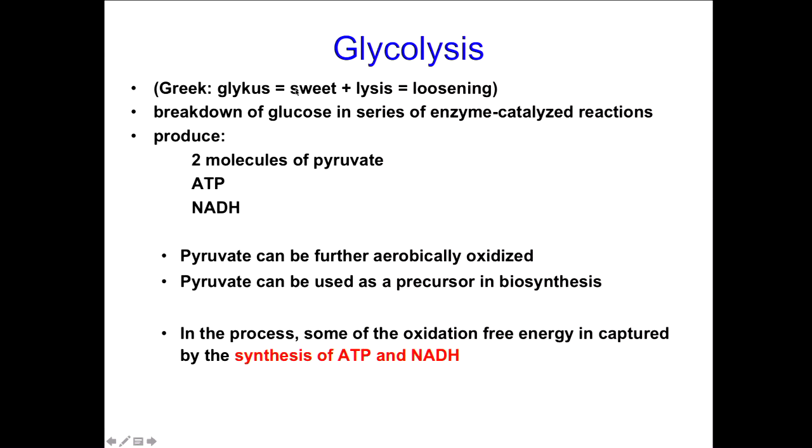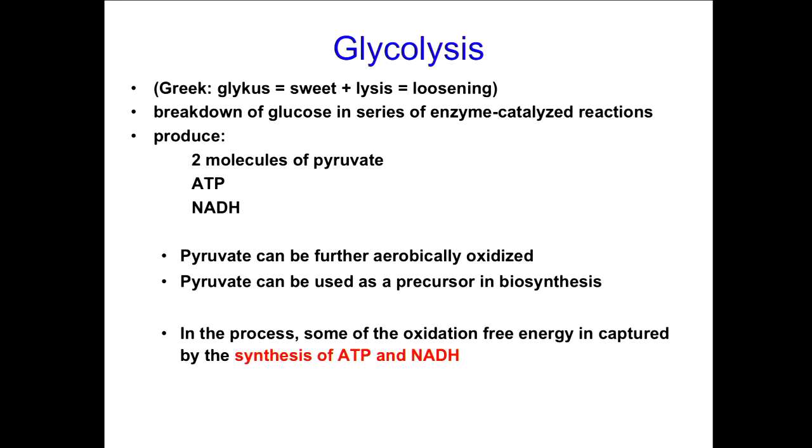So what is it? This is named from the Greek for sweet, loosening. You see a lot of things with lysis in biology; you always think of it as breaking up things. So we're going to take glucose, one type of sugar, and break it down. It's going to be in a number of steps. You want to get to know all the steps.